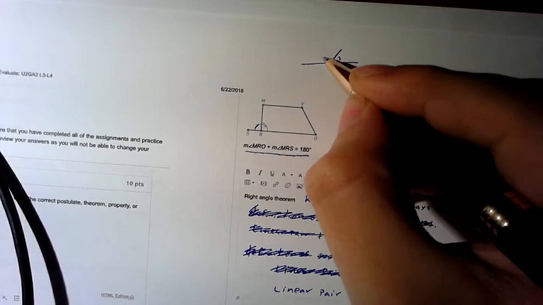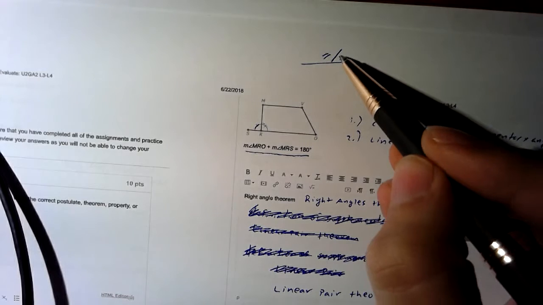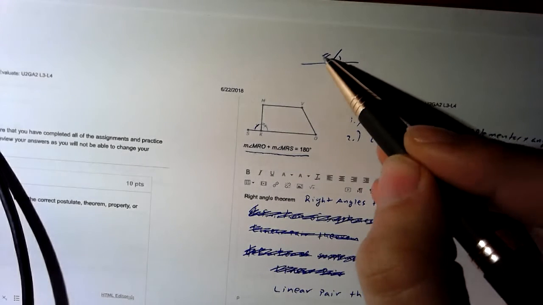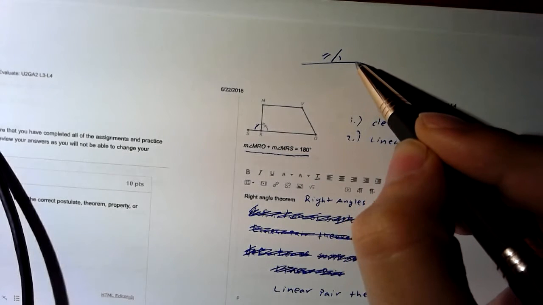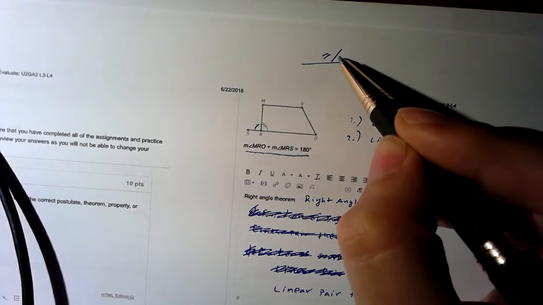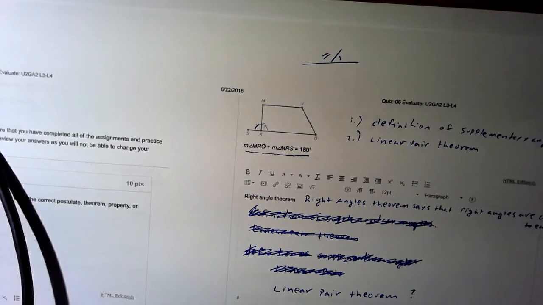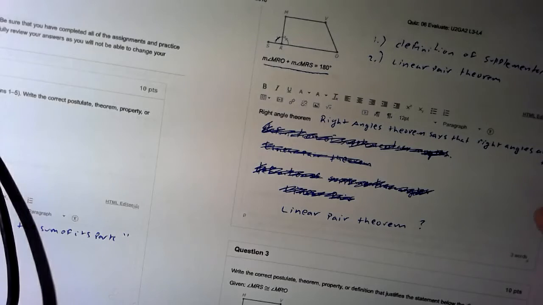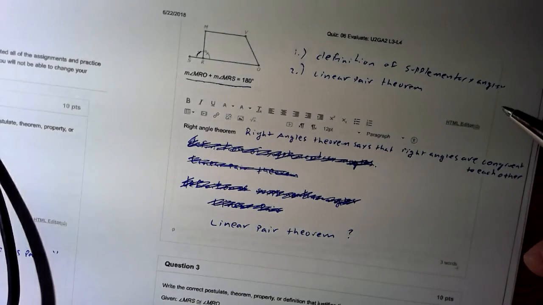Two angles that form a linear pair are adjacent first of all, meaning they're next to each other, and they form a straight line. That's where we get the word linear from. So these two angles are adjacent and form a straight line, so it's a linear pair.